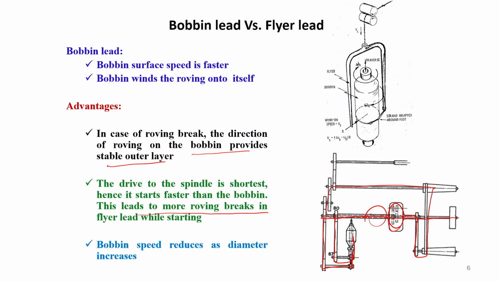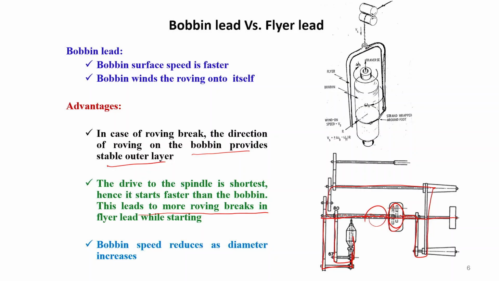Another advantage here is that in bobbin leading, the bobbin speed reduces as the diameter increases. So, that means your total energy required will be almost balanced.